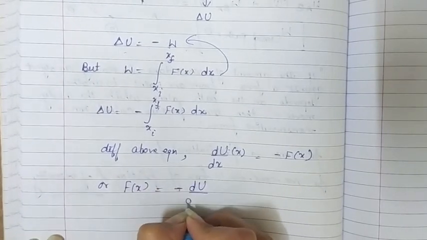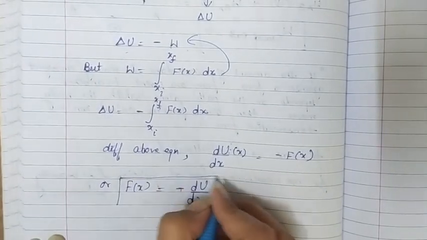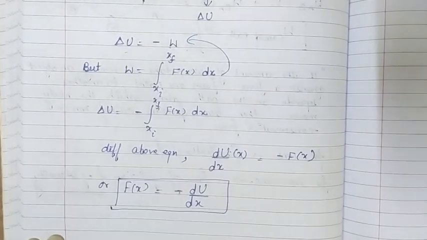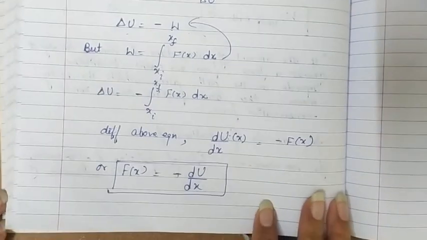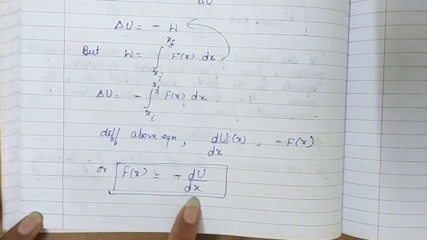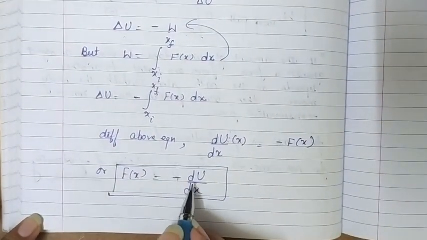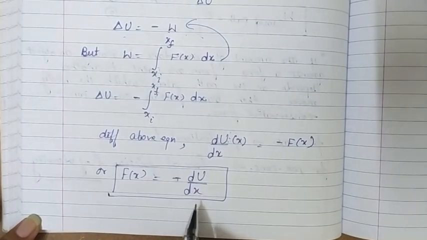Now this means that potential energy can be defined as a function whose negative gradient, since the differentiation is with respect to x, so we call it gradient, the negative gradient gives the force.